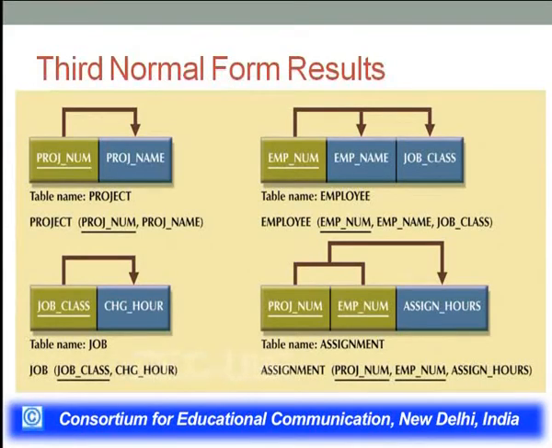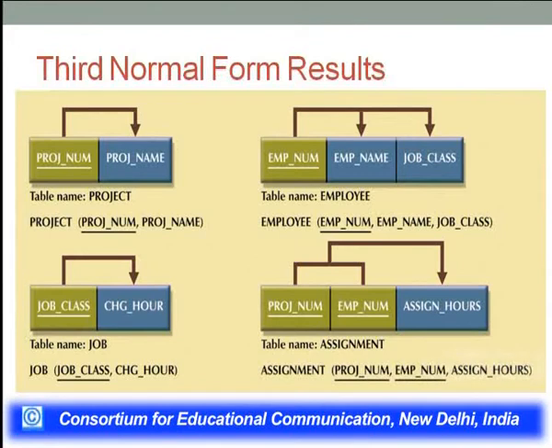Employee number determines employee name and job class. In this case also, we see that there is no transitive or partial dependency. In the third case, we have created this new table which has job class and charge per hour.